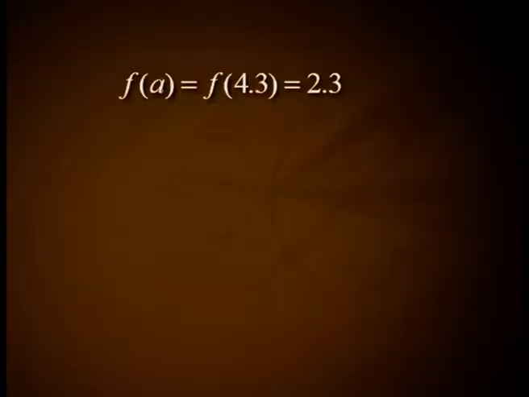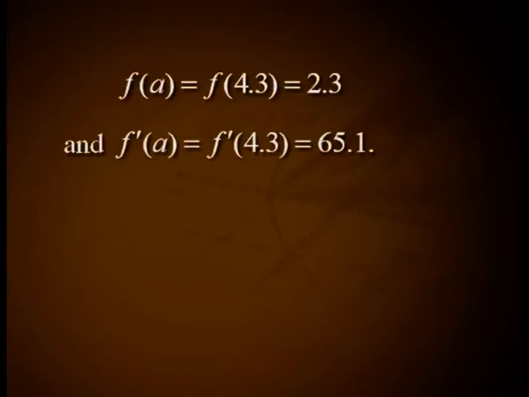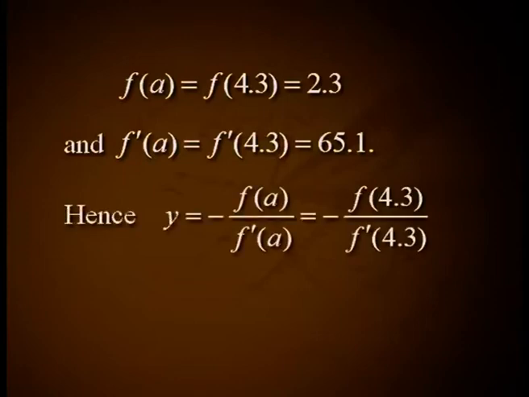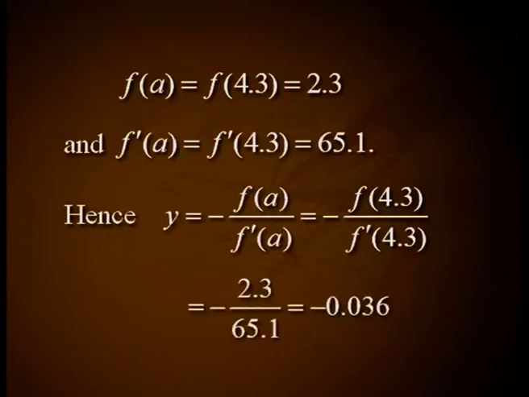Step 2. Now, to get a better approximation, we take 4.3 as new a. f(a) = f(4.3), which is equal to 2.3, and f'(a) = f'(4.3), which is equal to 65.1. Hence, y = -f(a)/f'(a) = -f(4.3)/f'(4.3) = -2.3/65.1 = -0.036.